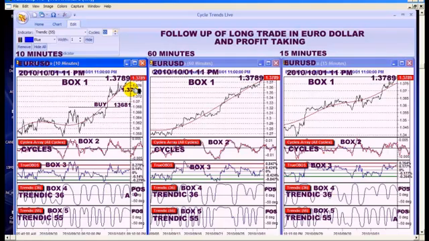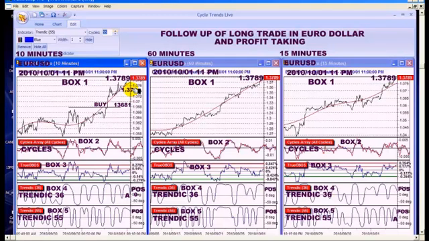So in summary, to trade Forex for quick profits, the first thing you do is you tile your graph into 3 periods, 10-minute, 15-minute and 60-minute period. You have 5 boxes with 3 indicators, and the most important indicator is the trending indicator.